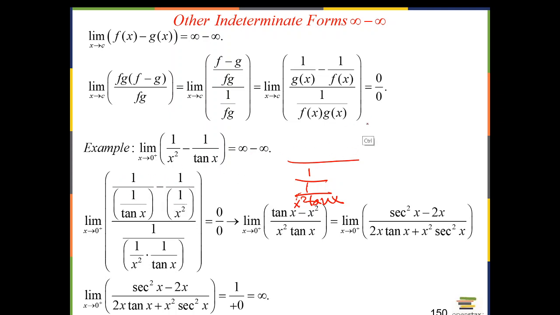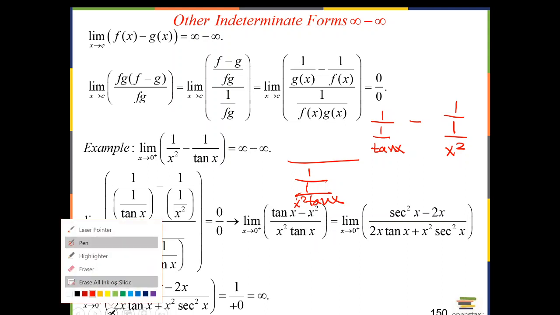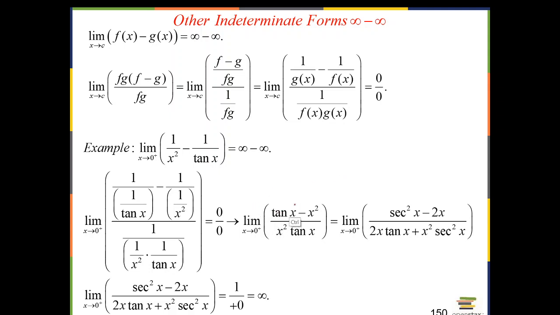So let's see, what do we get? We get 1 over tangent x, and then 1 over x squared minus, which is tangent x minus x squared, right? All right. It wasn't that difficult, actually. So take the derivative. So secant squared minus 2x, derivative of that.